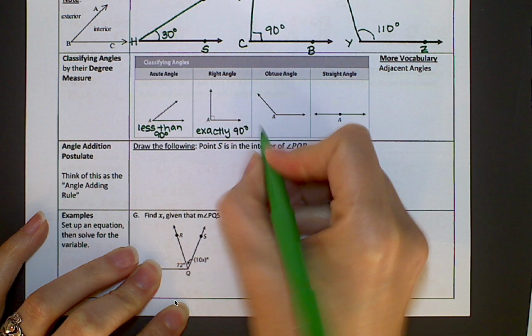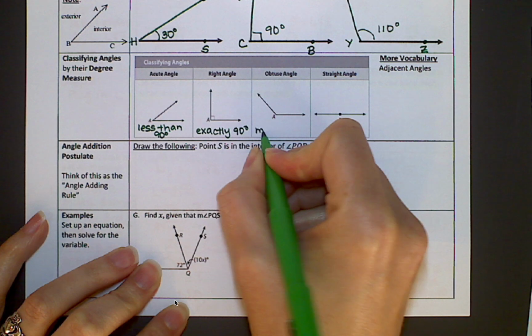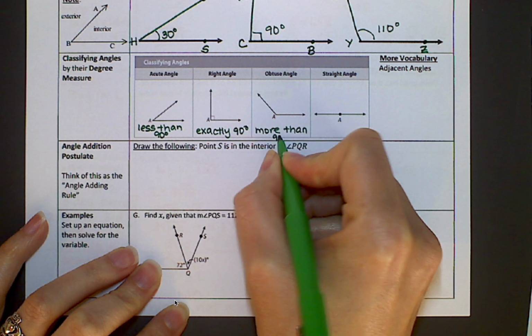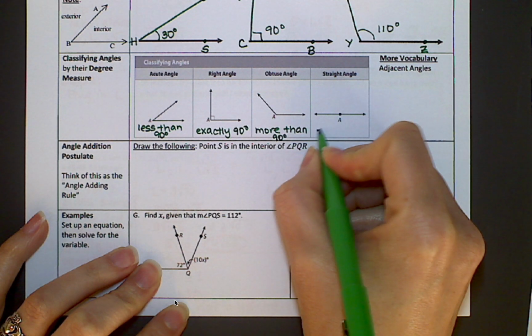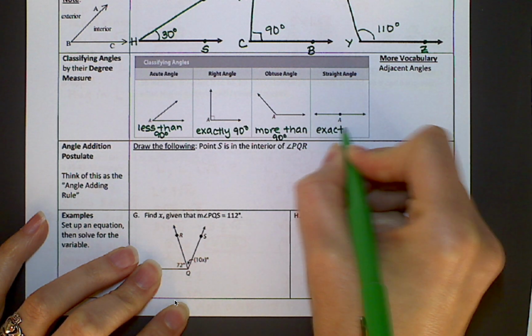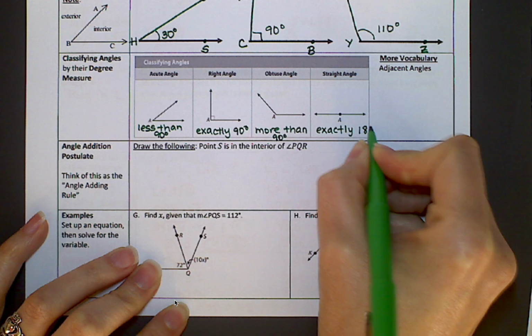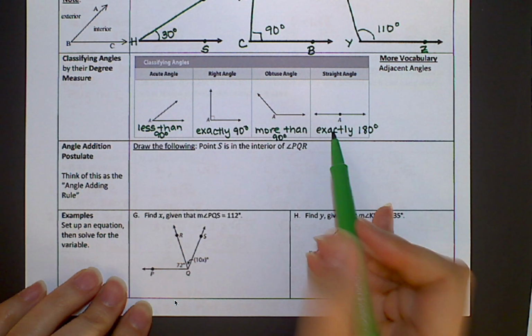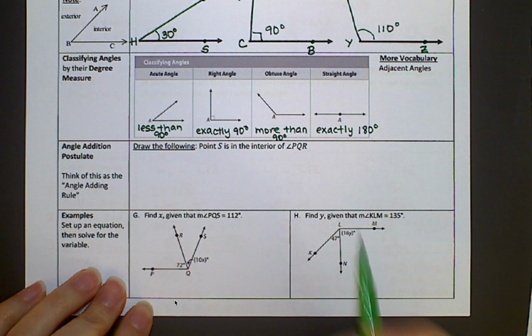There's an obtuse angle, which is more than 90 degrees. And then there's a straight angle, which is exactly 180 degrees, okay?